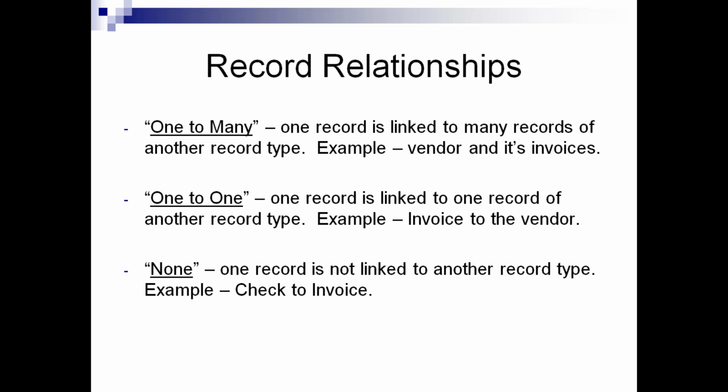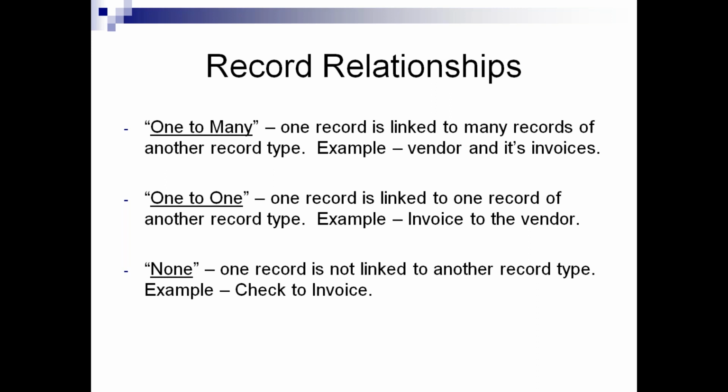It's the same sort of concept with the distribution records on an AP invoice. You can have an AP invoice that has one distribution record or one way of coding, one GL account number or one job, or you can have an invoice that has multiple jobs and multiple GL accounts.